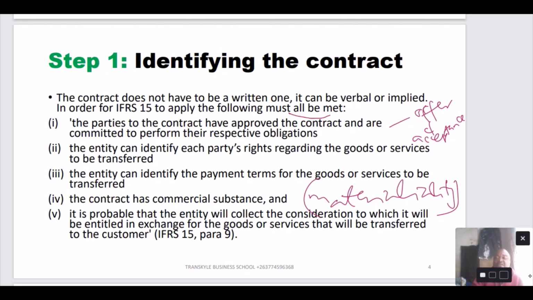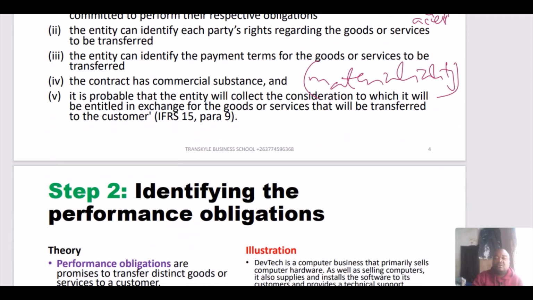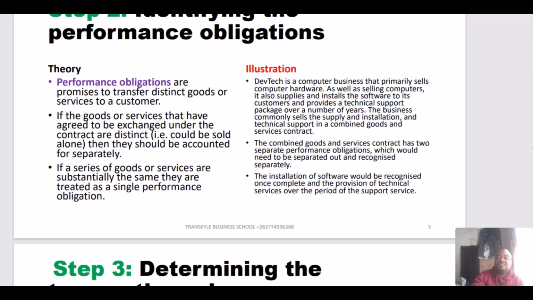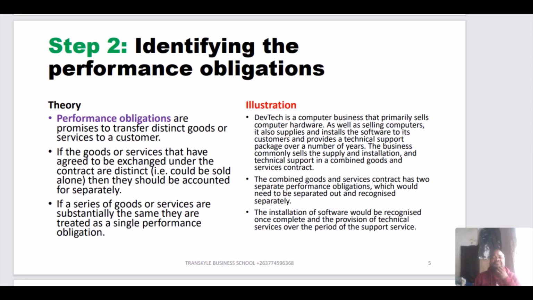All right, I think we need to look into this part on step number 2. Step number 2 is identifying the performance obligation. Remember, we could have identified that the contract exists. Okay, all the criteria have been met.